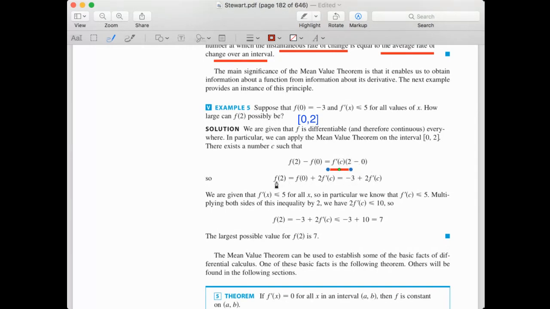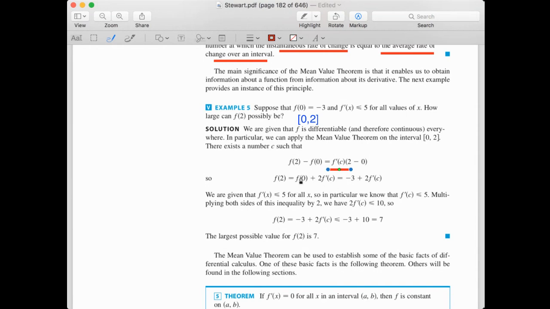So we solve for f of 2. F of 0 is given as -3. Moving -3 to the other side becomes +3. So f of 2 equals 3 plus 2 times this derivative, but this derivative is constrained to be at most 5.